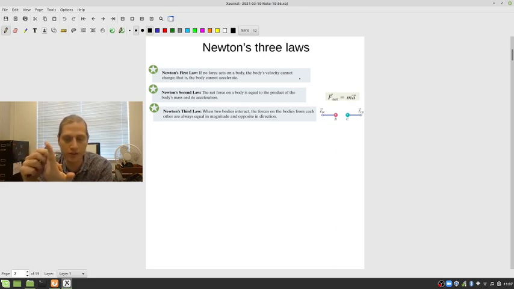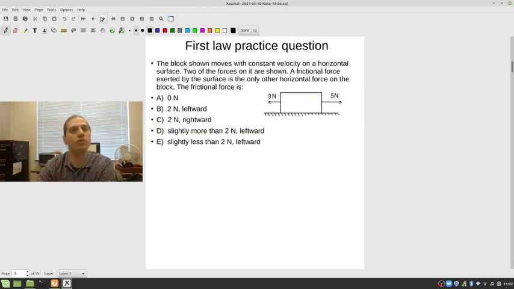The third law says, for each one of these forces that you're applying, there's another force. If I push my hands together, my left hand pushes on my right hand, and my right hand pushes on my left hand. They're going to push each other with the same force. Equal magnitude, opposite direction. So let's see how these play out in a couple of different problems.